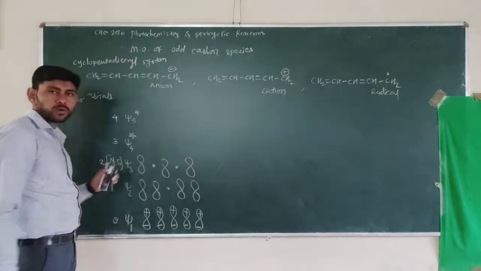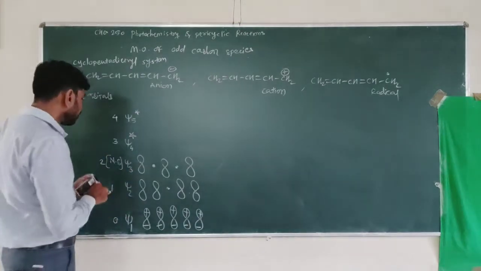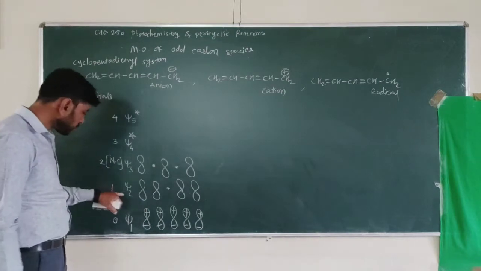Next is Psi4. 4 is an even number. So for an even number, what is the rule?